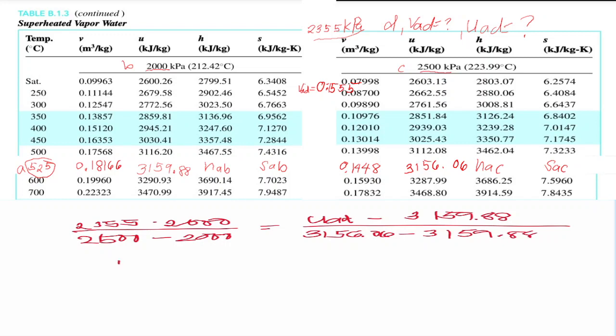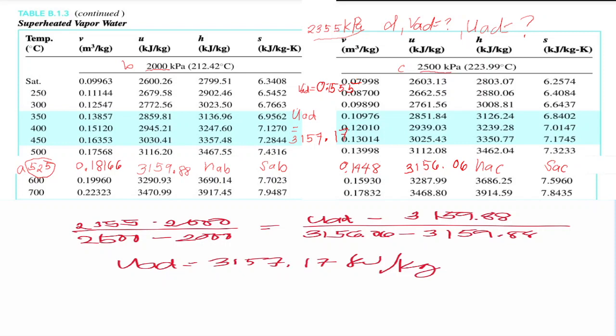So your UAD is equals to 3157.17 kilojoules per kilogram. So therefore, your UAD here is equals to 3157.17.